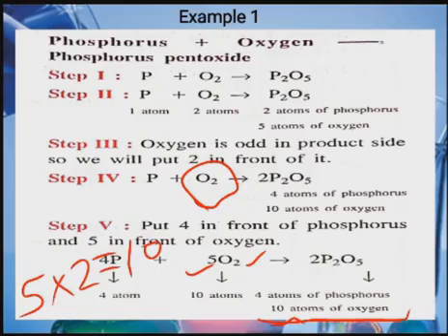Okay children, now you can see on both sides the number of oxygen atoms is 10, that is, 10 atoms of oxygen on the reactant side and 10 atoms of oxygen on the product side. So we can say now our equation is balanced.